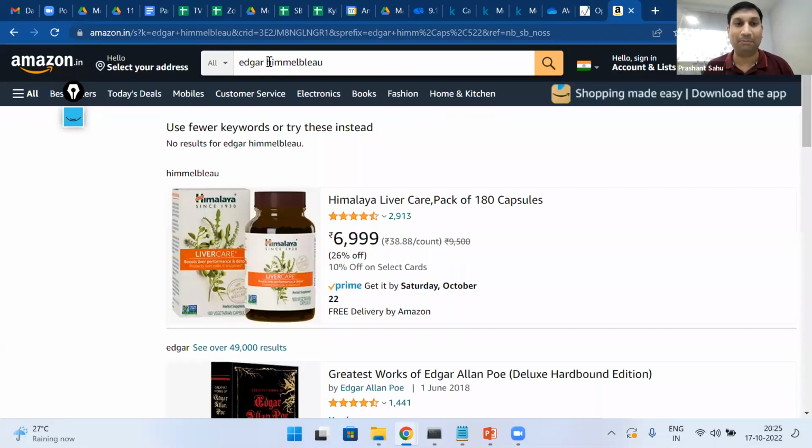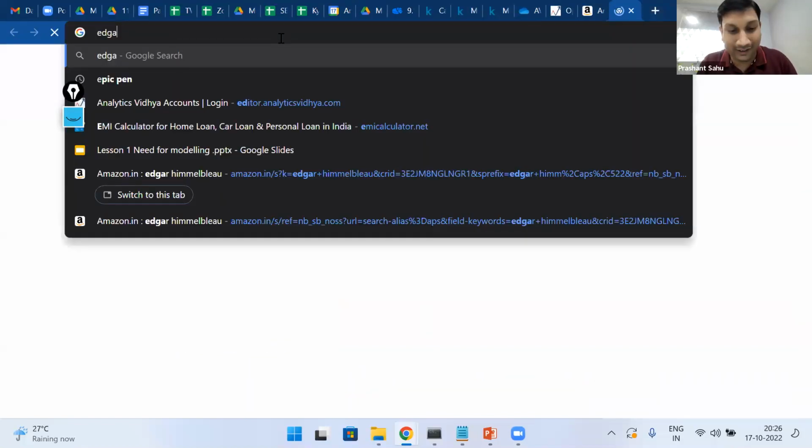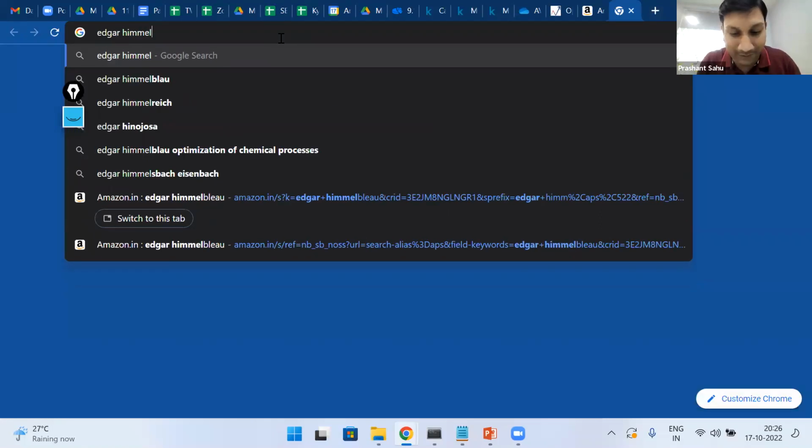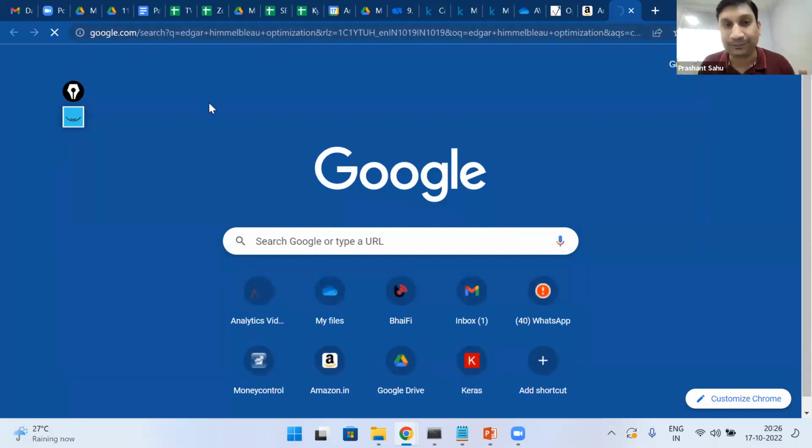Where is this book not coming up? I'm sorry, let me do a Google search. Edgar and Himmelblau and optimization. So the name of the book is Optimization of Chemical Processes. Although the name says it is specifically for chemical processes, the first 20 chapters are absolutely awesome.